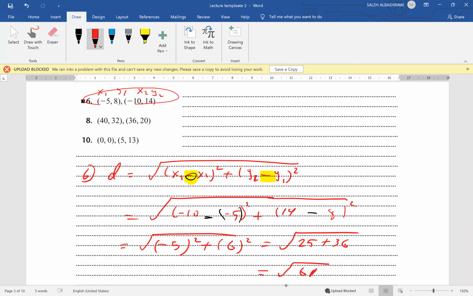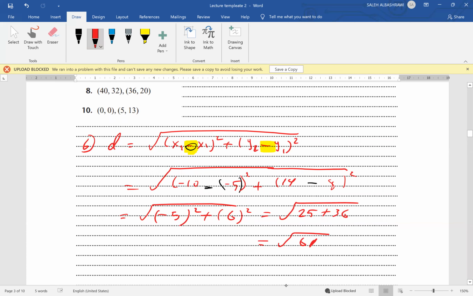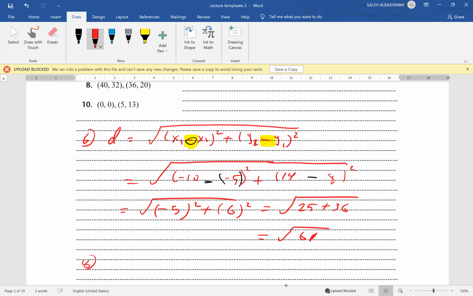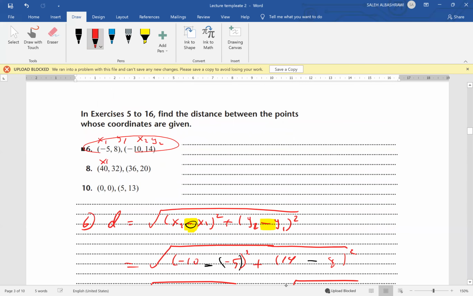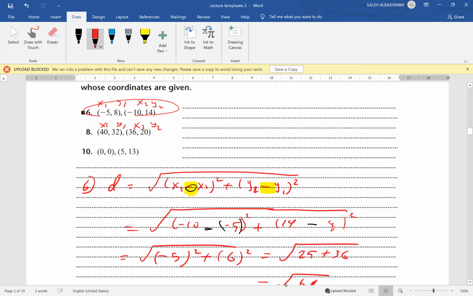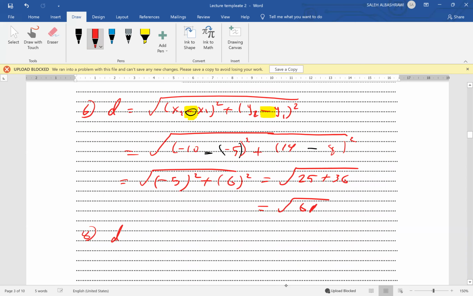Question number 8. We are given these 2 points, 40, 32, 36, and 20. Again, for 8, I will use this one as x1, y1, x2, y2. Then the distance in this case is square root of the x difference square plus the y difference square.